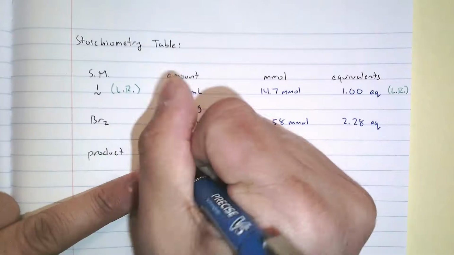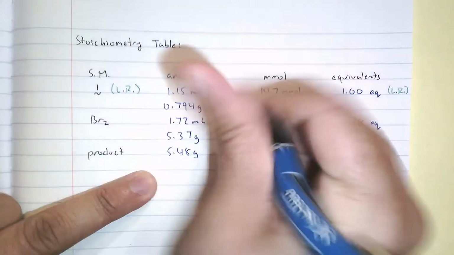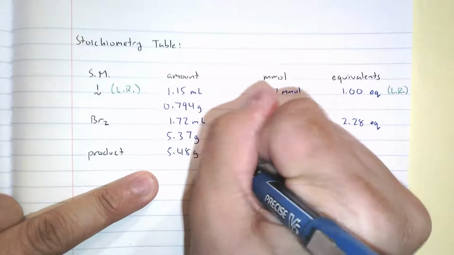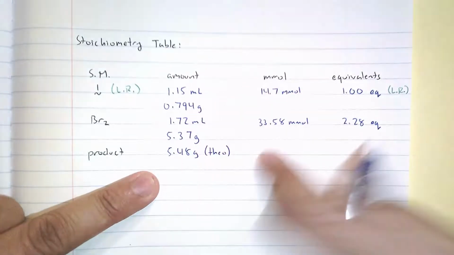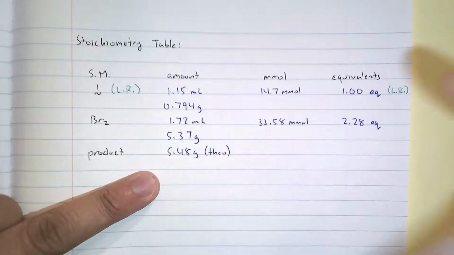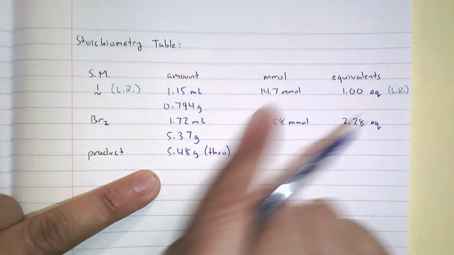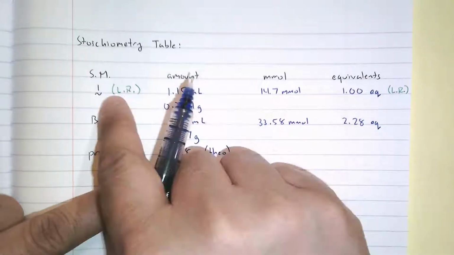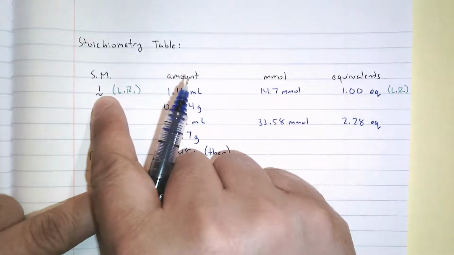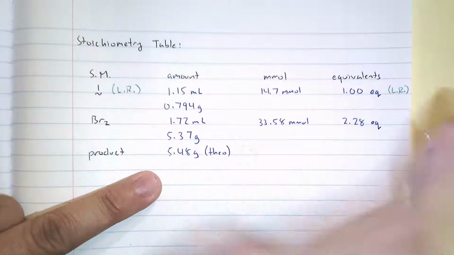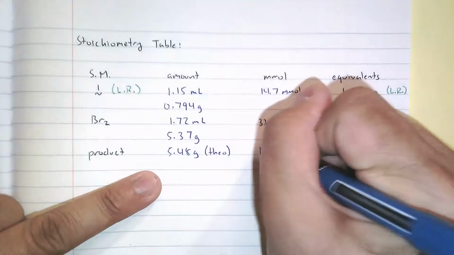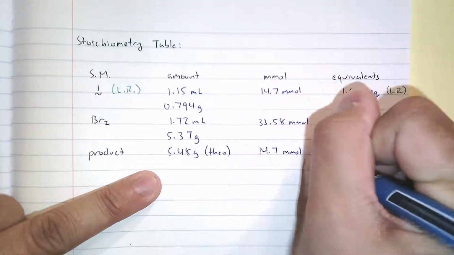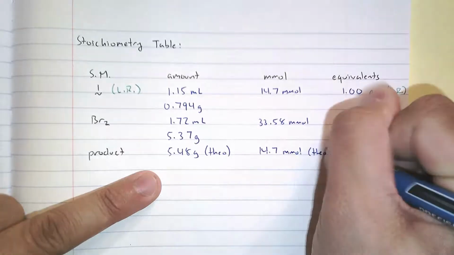So 5.48 grams, and we could put here theo for theoretical. But what about the millimoles? Theoretically, it's this many millimoles because this was the limiting reactant. And for every one of the butane, we get one product. So theoretically, we have 14.7 millimoles of product as well.